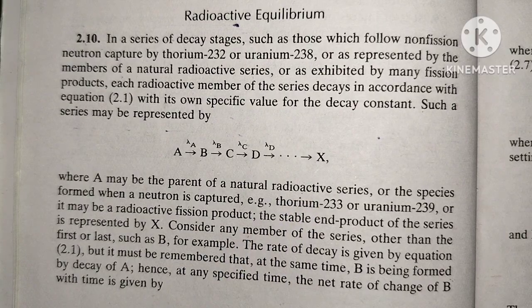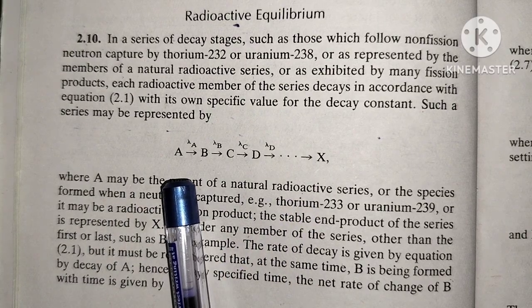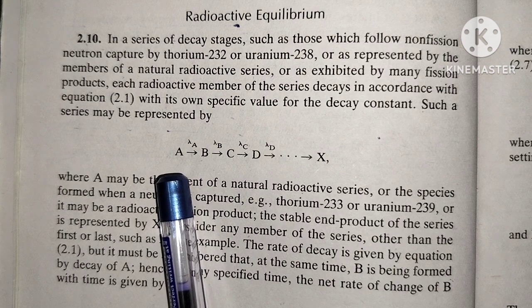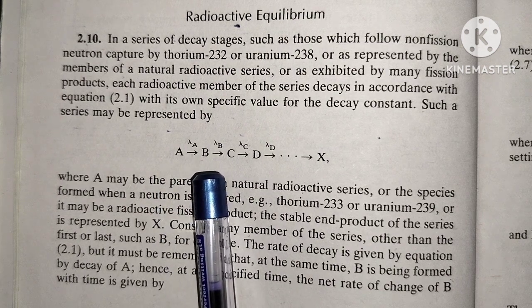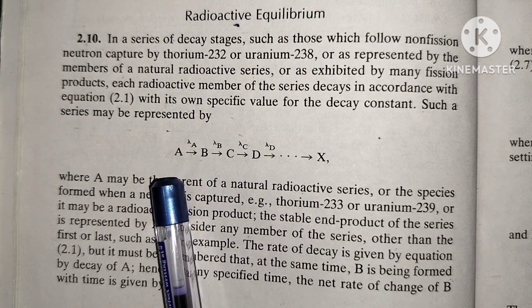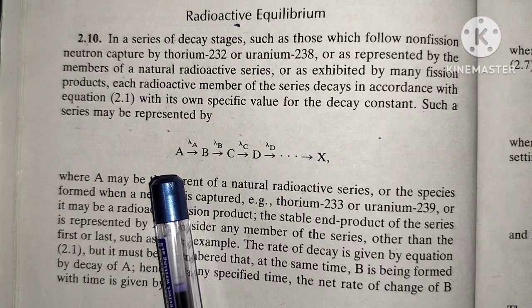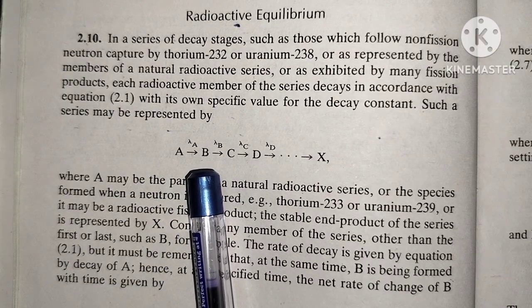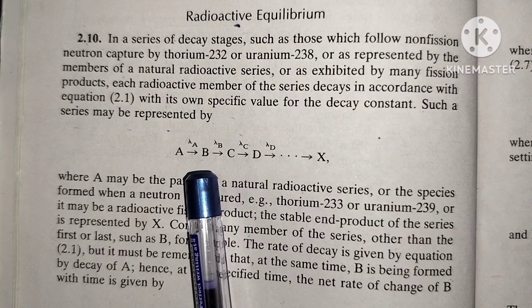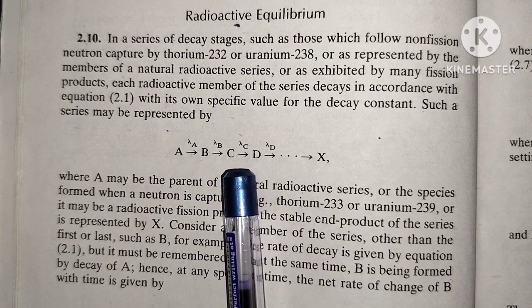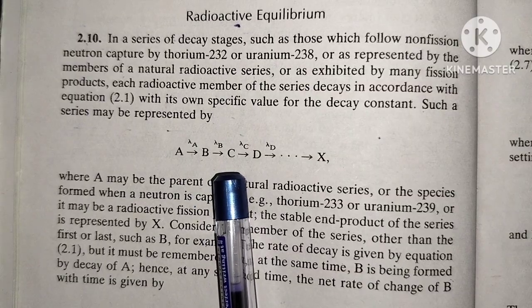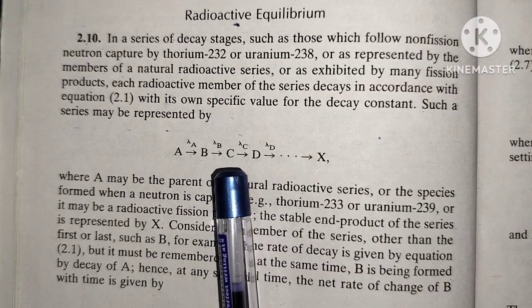The first one, what I am calling the parent of the natural radioactive series. B is formed because of A. That is why A is parent, B is daughter. Similarly, B also undergoes decay, converting into C. So in this case, B is parent, C is daughter, and so on.